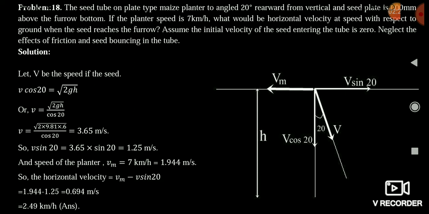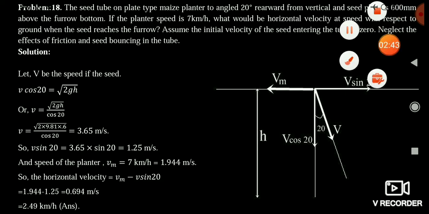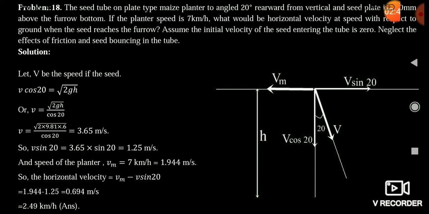And now friends, you can see in the question it is asking for the horizontal velocity with respect to the ground, means our planter is moving and along with it our seed also gets its velocity from our planter. So to calculate with respect to the ground, we have to subtract the planter's speed, means remove it, because our seed is moving due to our planter speed.